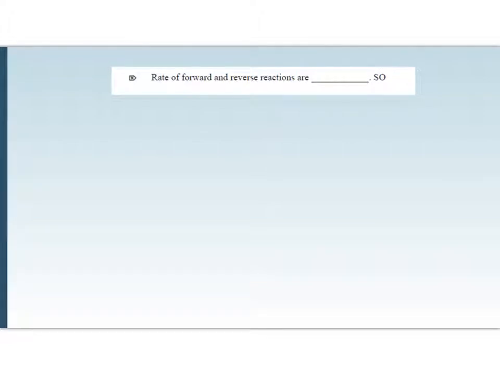Now, if the rate of forward and rate of reverse reactions are equal, let's remember the reaction. Nitrogen tetroxide is decomposed into 2 nitrogen dioxides. Rate of forward reaction is equal to rate of reverse reaction. Now, what about their rate laws?